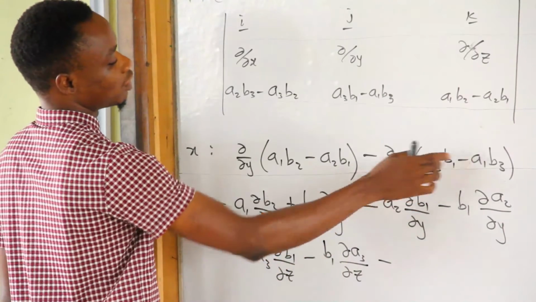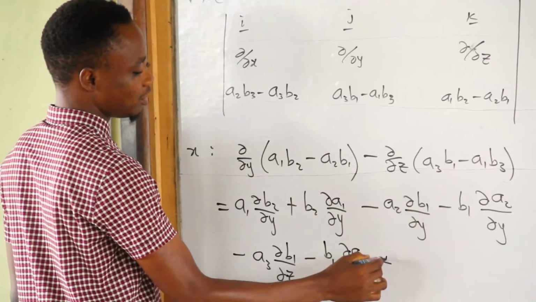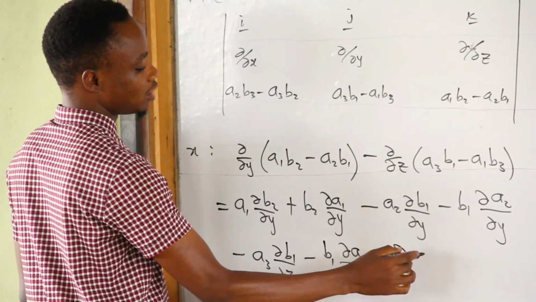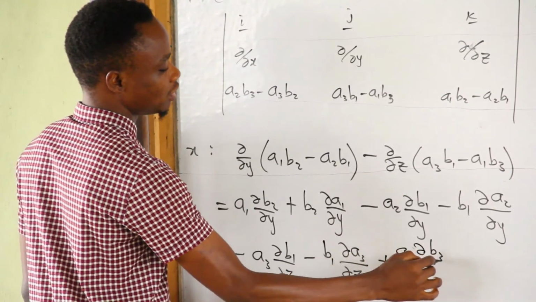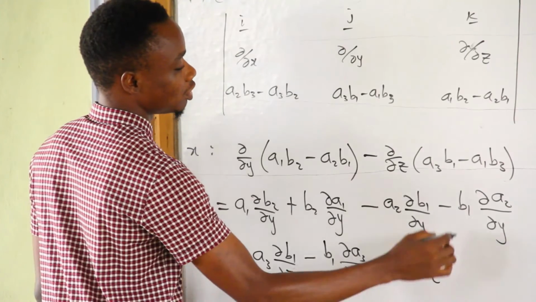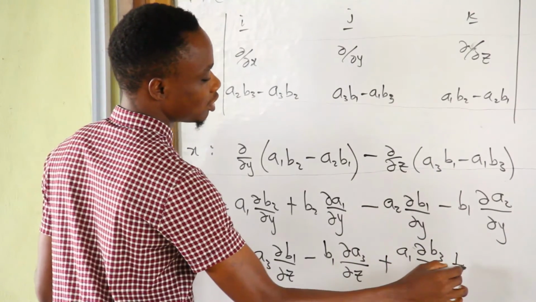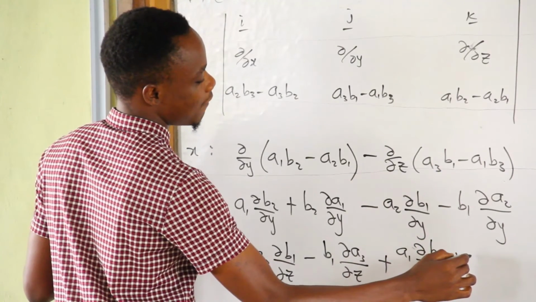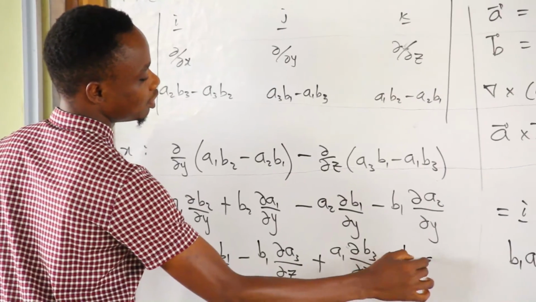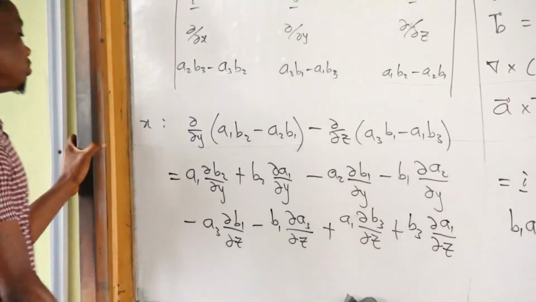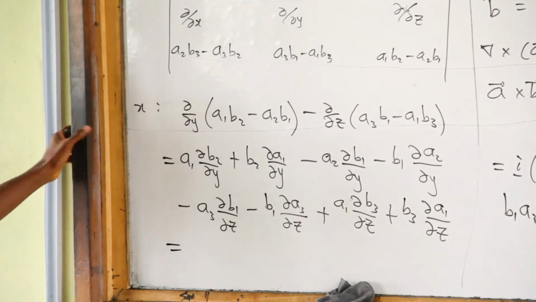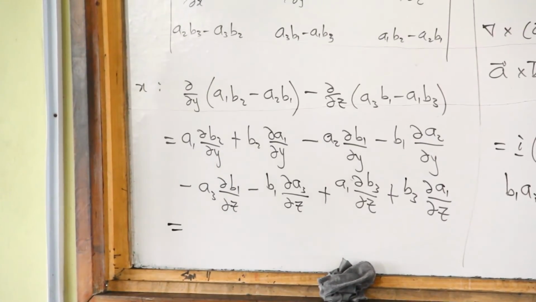So we have done the first one. Minus here, we have set that now becomes plus del A1 del B3. And that is that.